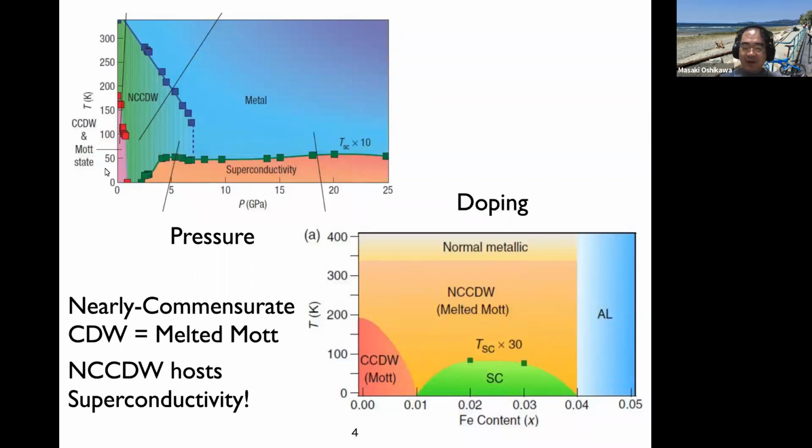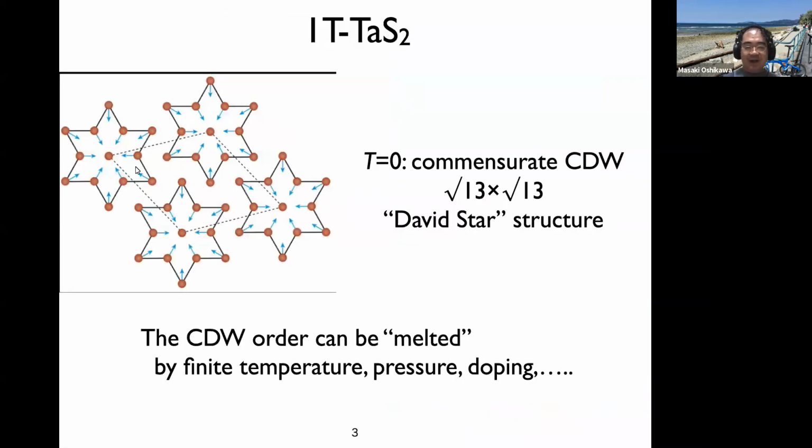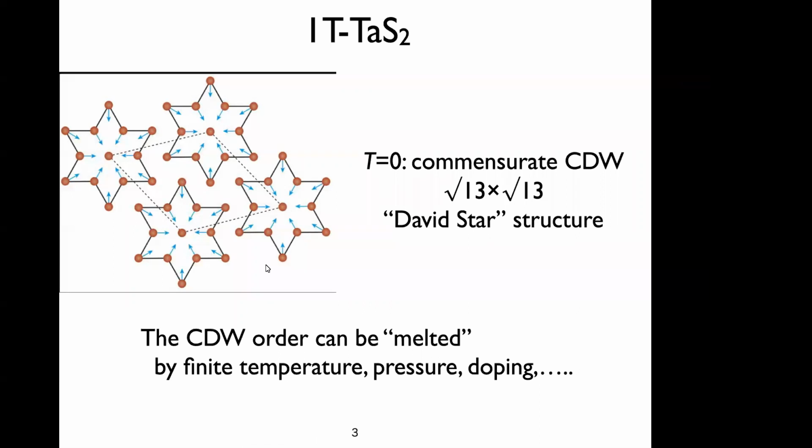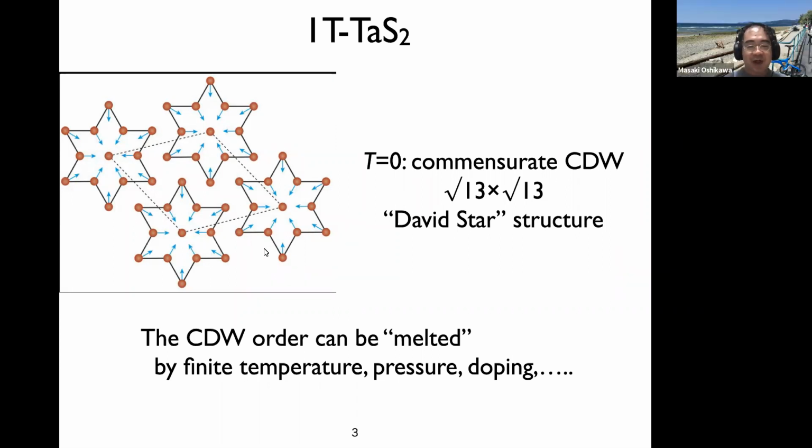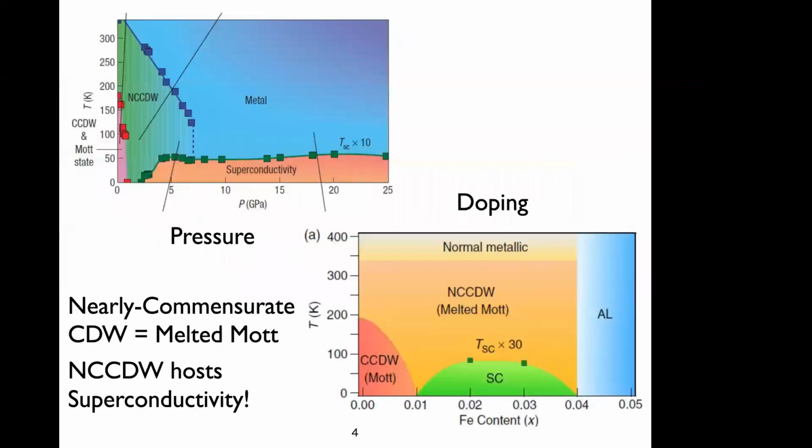There is a picture that each Star of David has spin 1/2 or something, but as an entire system, this may be a spin liquid. So each island has spin 1/2 and they are interacting, so it's not a trivial system. I was asking, what is the experimental status? Do they know experimentally if the Mott state is antiferromagnetic? So they don't see clear antiferromagnetic order. Okay, all right, thanks.